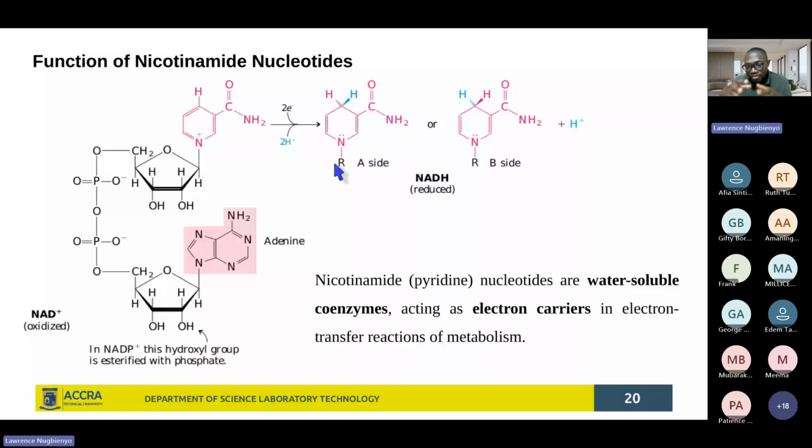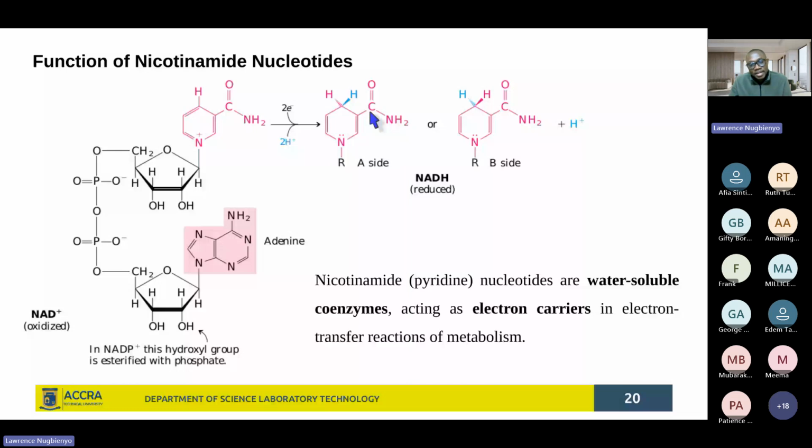So we'll come to see some stereospecificity related to the coenzyme, the nicotinamide nucleotides, where you have some enzymes acting with the coenzyme that will receive the hydride ion from the front side, and you have some that will receive the hydride ions from the backside.